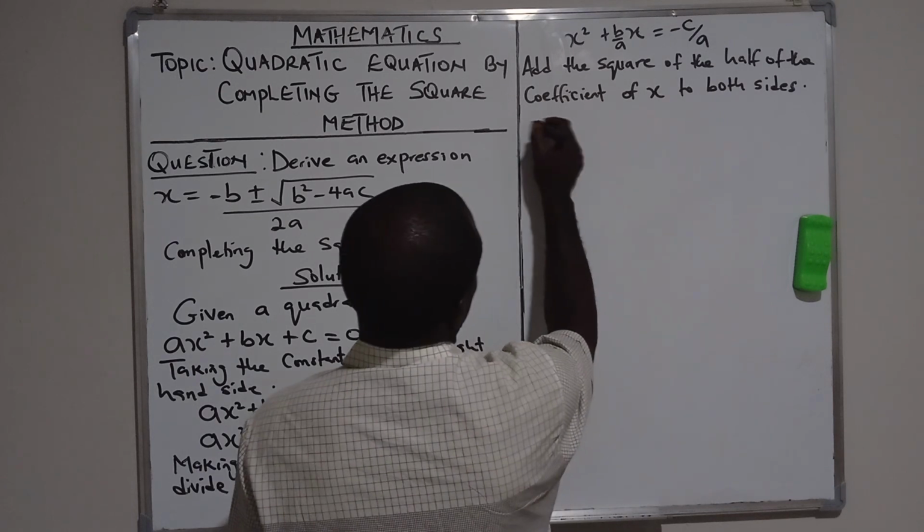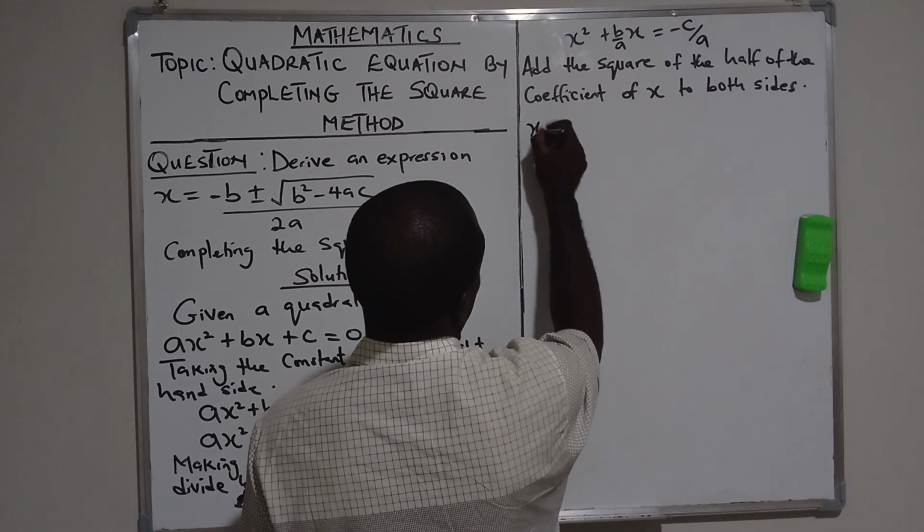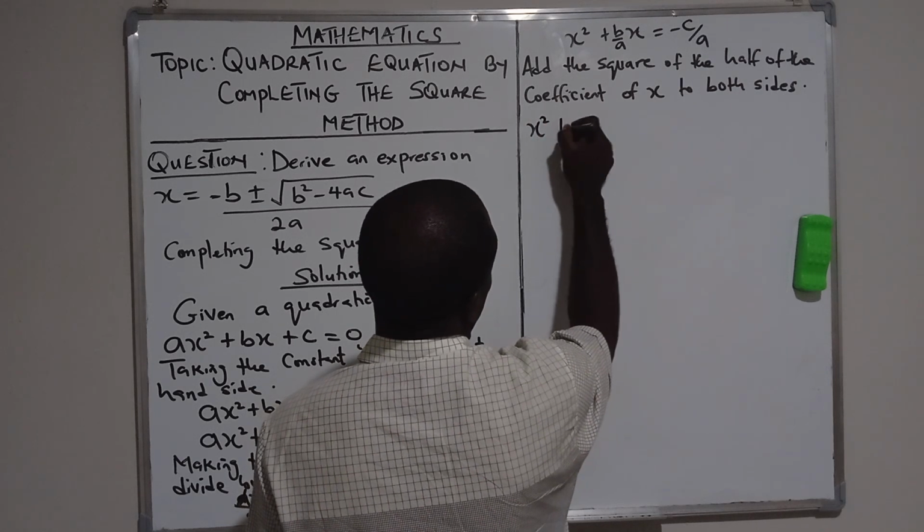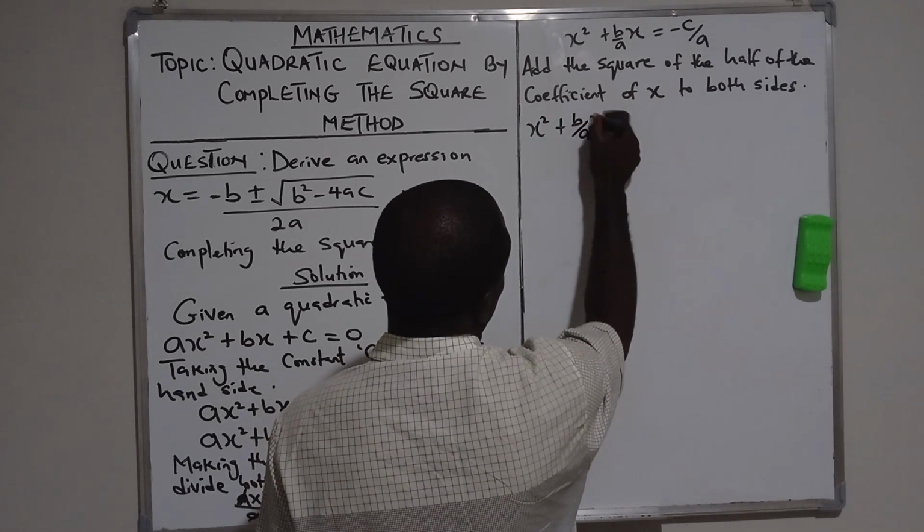Let's see. You have x squared in this case plus b over a x.